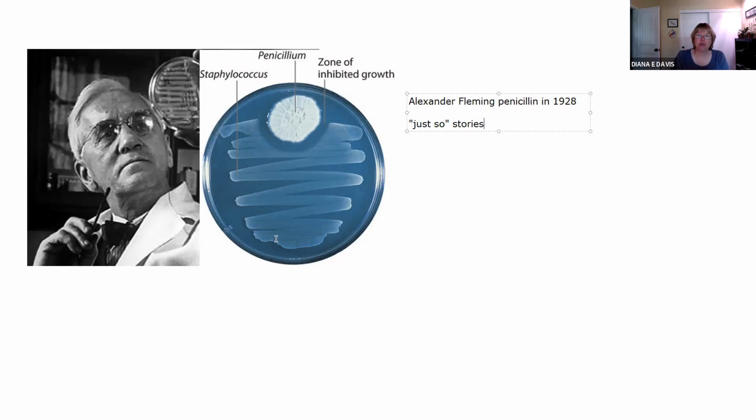You use a special tool and you can really see the streaks, spreading back and forth. This one was very heavily seeded. They put a lot of bacteria on this plate. Here is your penicillin mold, and you can see there's an area around that mold where there's no bacteria growth. So that's what this looks like on a petri dish.